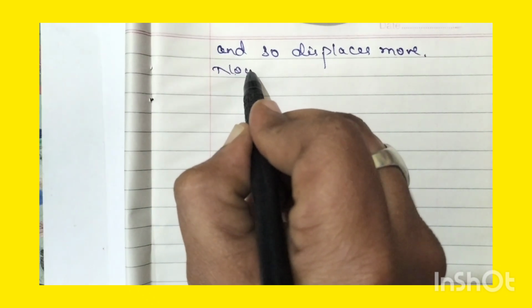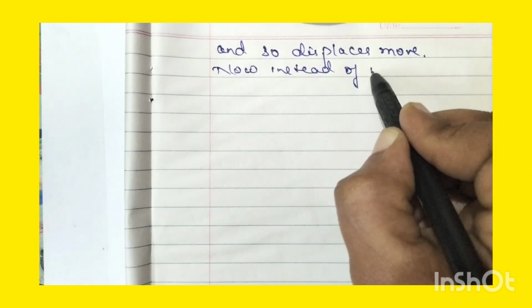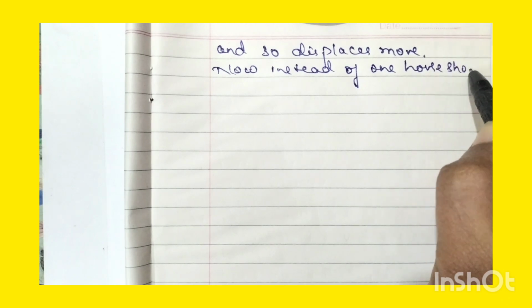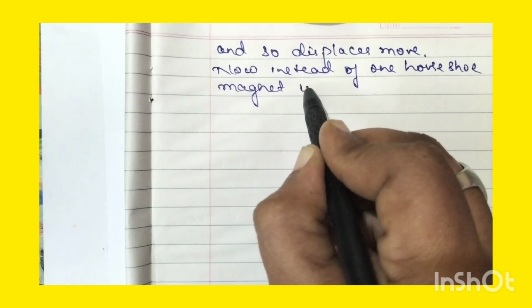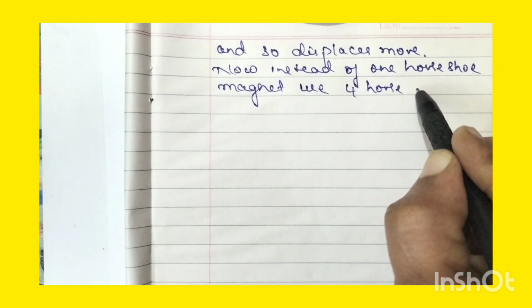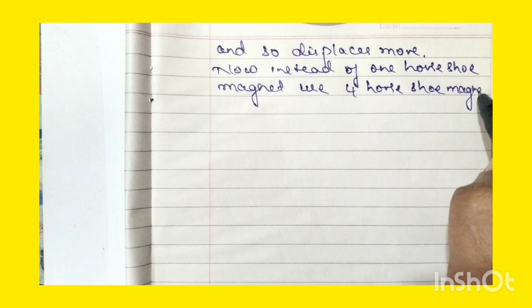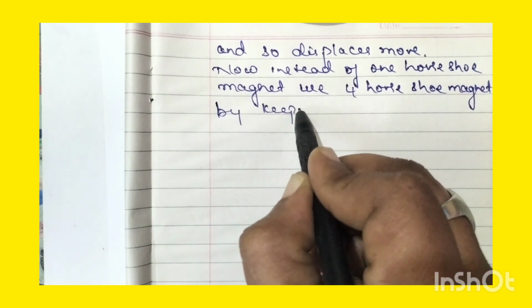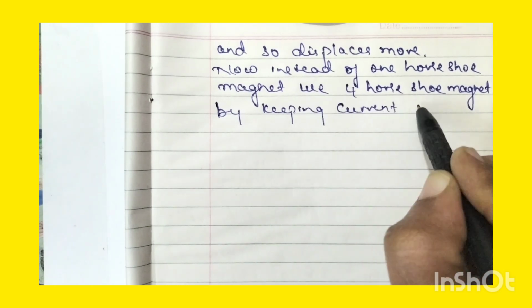Now, instead of one horseshoe magnet, use 4 horseshoe magnets by keeping the current constant.